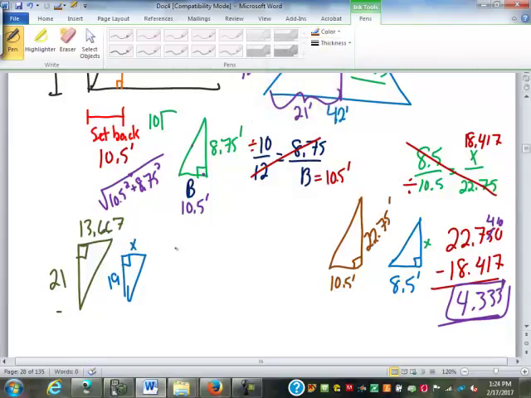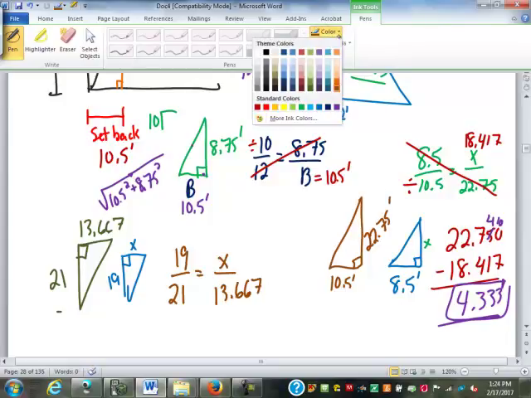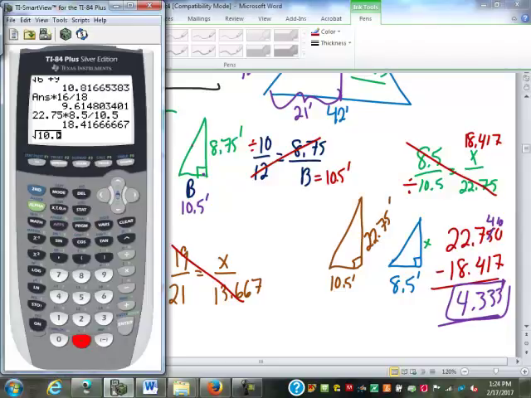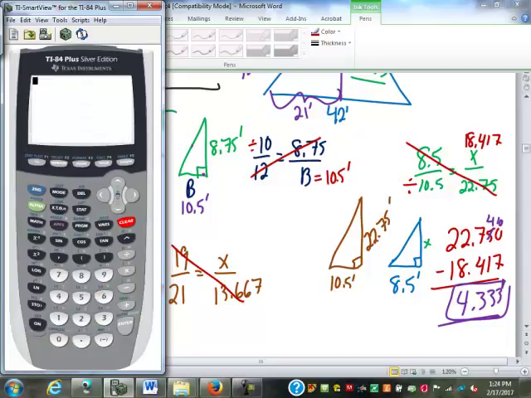So we have 19 over 21 is X over 13.667. So 13.667 times 19 divided by 21. 12.365.